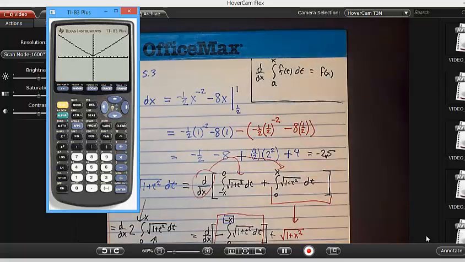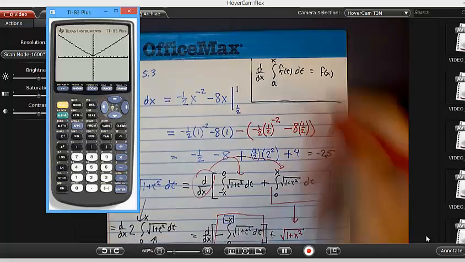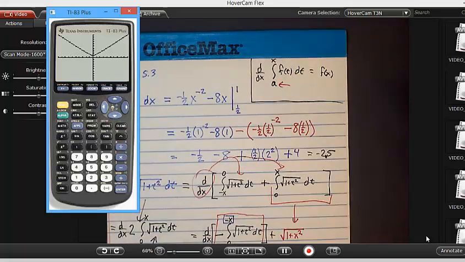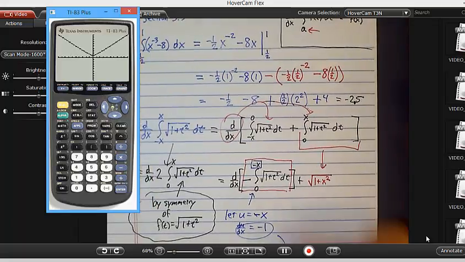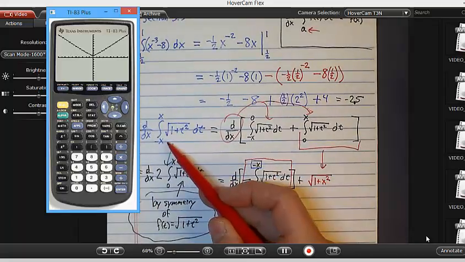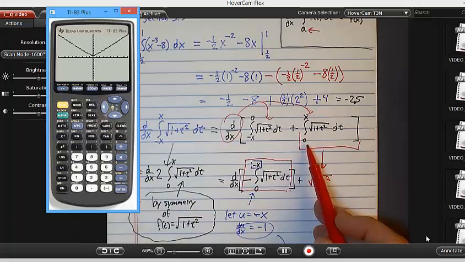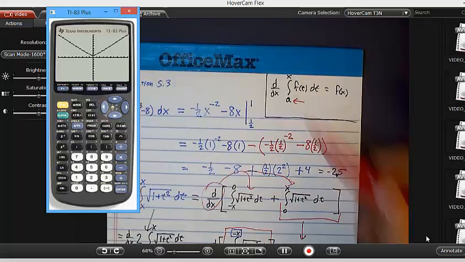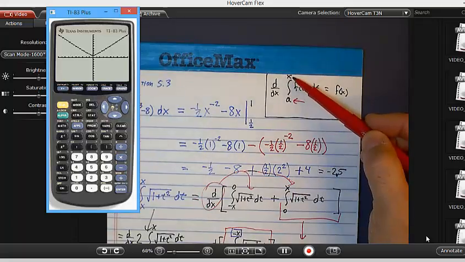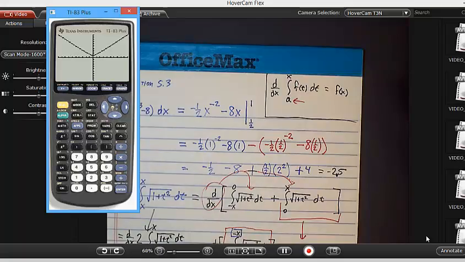But it only works if I have a constant down here. And I looked and I said, oh, I don't have a constant, I have a variable. So I'll split it up. Then this one will have a constant. And I'll do my flip, and then the other one will have a constant. And then I did chain rule because the other thing you need is you really want to have just an x here. So there's a lot going on in order to be able to use that theorem.